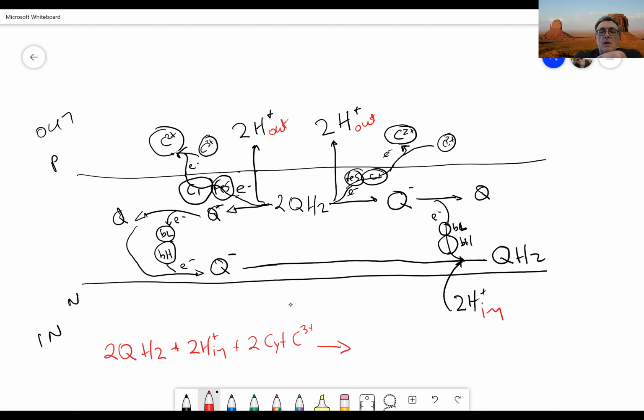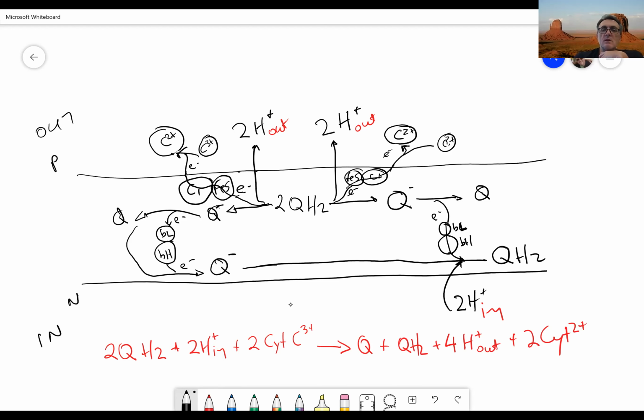And for Qs, we got one oxidized and one fully reduced Q. We got four protons that came out. And of course, the two reduced cytochrome Cs.